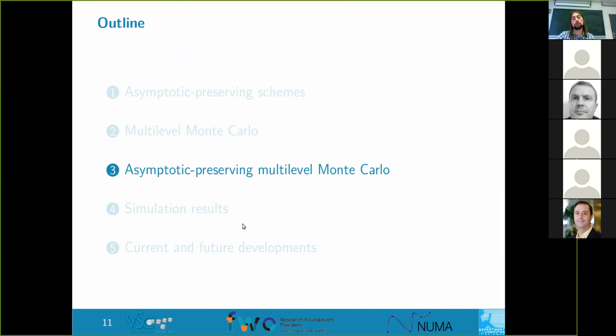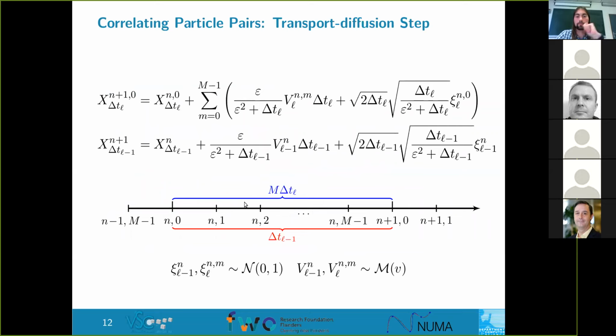Okay, so to use multi-level Monte Carlo, we have to find some way to simulate the same qualitative path of particles using two different time steps. And that's what I'm going to now go into here. So on this slide, there's quite a lot of symbols, but what I've essentially done is, on the one hand, shown a coarse process here.